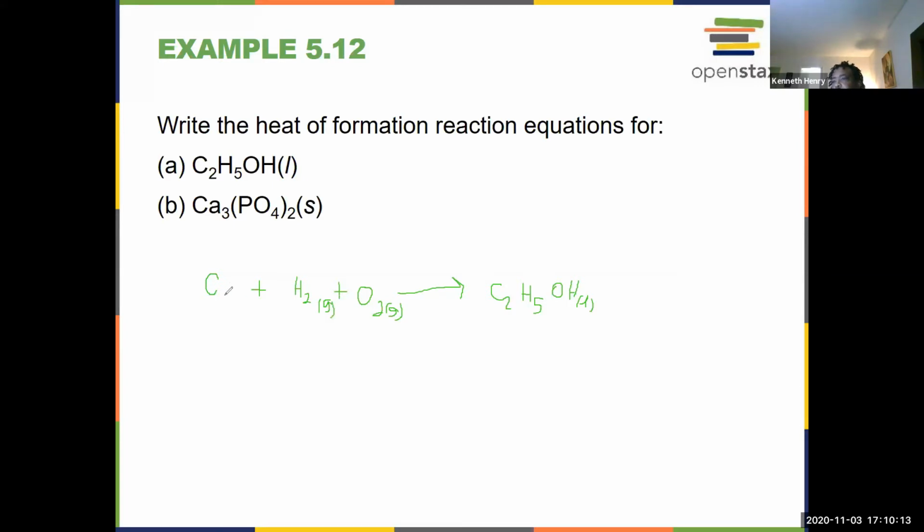Is it balanced? No. What do we need to do to balance it? First see what you have on each side. You need a 2 on the reactant side for carbon, and then a 3 in front of the H2 because there's 6 on the product.